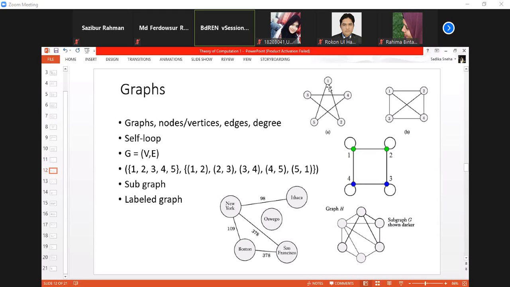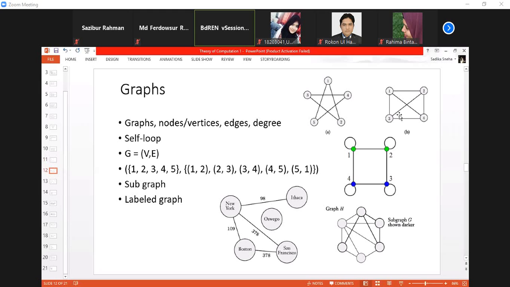So the number of edges on a node is known as its degree. The degree of 1 is 2, the degree of 3 is also 2, and similarly for this one, the degree of 1 is 3, 2 is 3, 4 is 3, and 3 is 3 also.